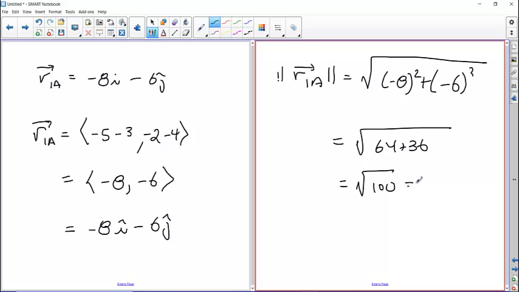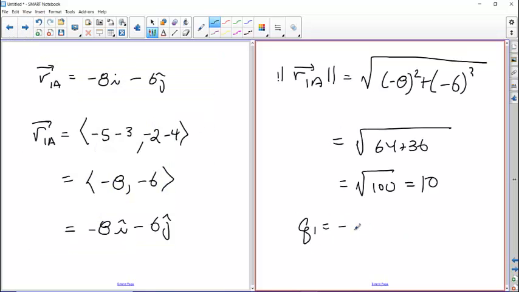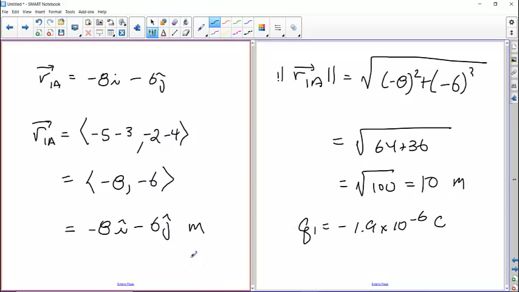Square root of 100 is 10. So that's the magnitude of the vector. And we know that Q1 is equal to negative 1.9 microcoulombs. This is meters, as far as units are concerned.